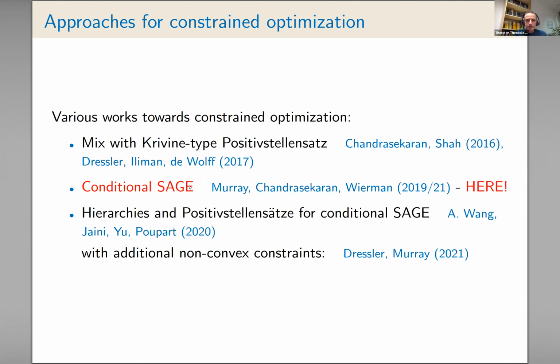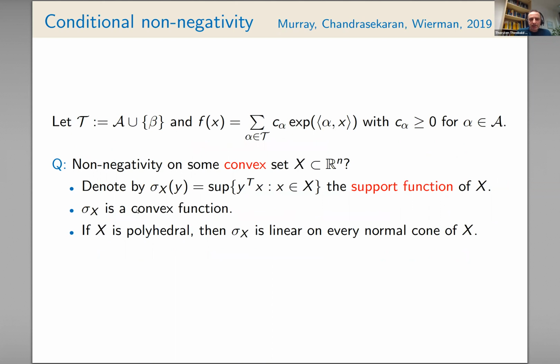I'll come to this in a second. And then there are also more recent developments building upon this conditional SAGE approach, which then take into account additional non-convex constraint sets.